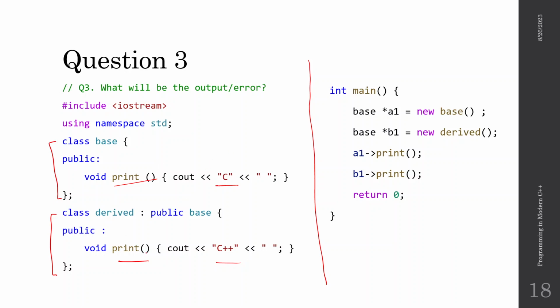Now you can see that the function signature matches exactly. So this is a case of function overriding.